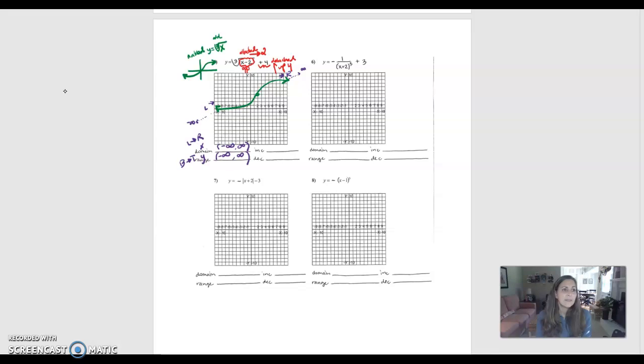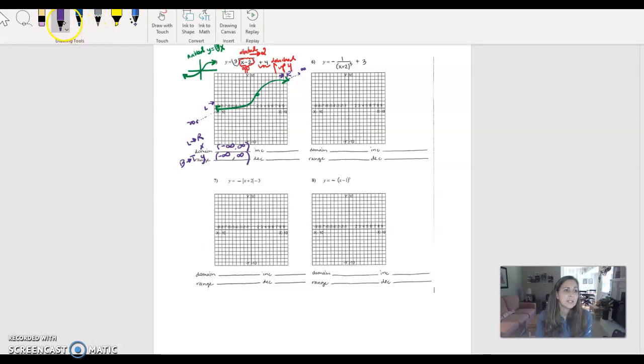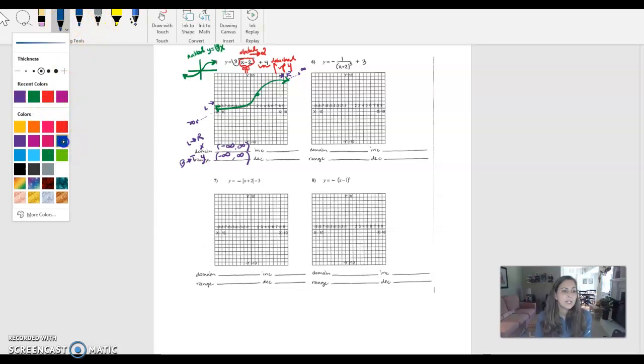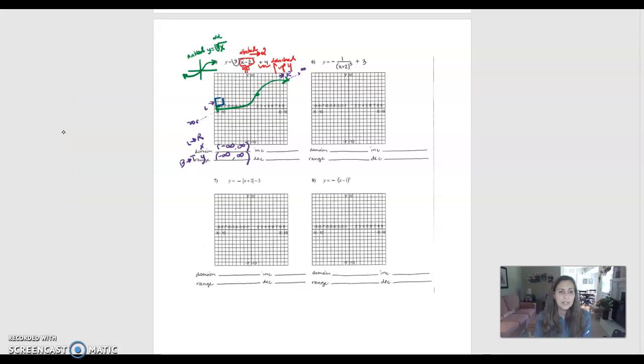Okay? And then let's change colors for increasing and decreasing. Remember, increasing and decreasing is where we talk about that roller coaster. So you always sit down on the ride on the left-hand side. So here's my little person sitting down. And you're going to ride the roller coaster forever. And your entire trip is going to be going up.